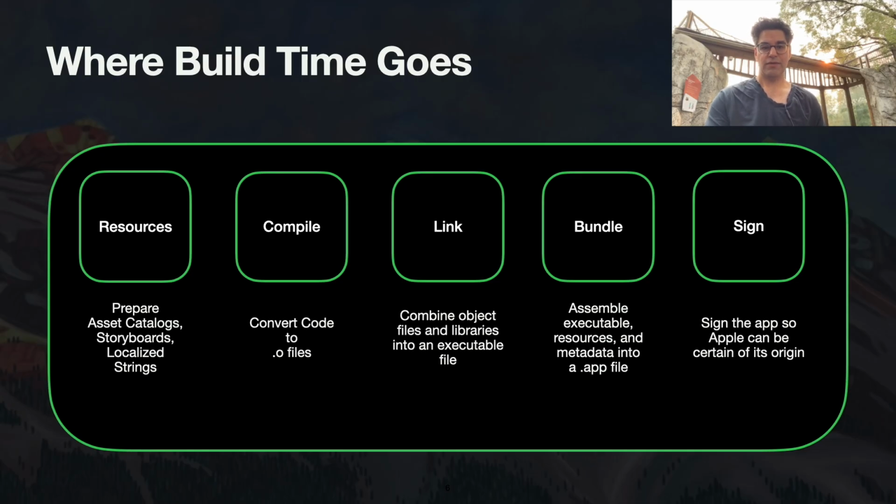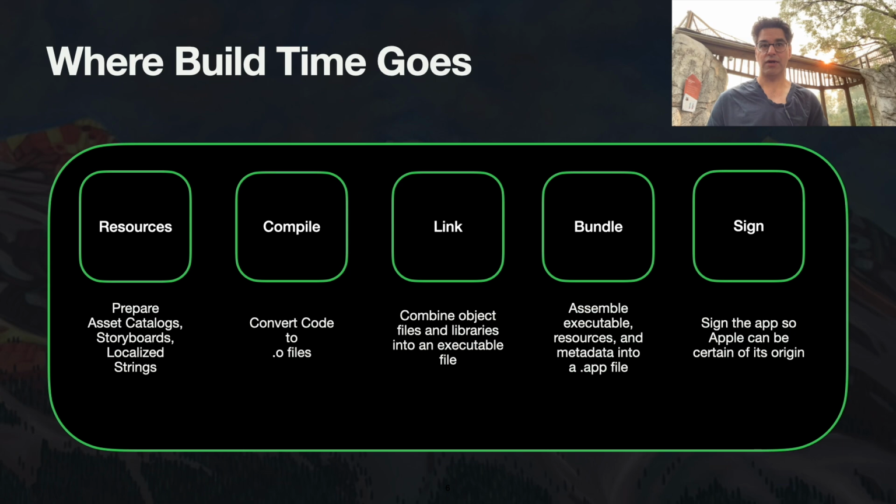A build is roughly divided up into these sections. That's how I look at it. You've got non-code resources, images, strings, storyboards, nib files. They all have to be processed and gotten ready to go. You've got the compile section, which is where we convert Swift code step by step using various parts of the Swift compiler down to object files.